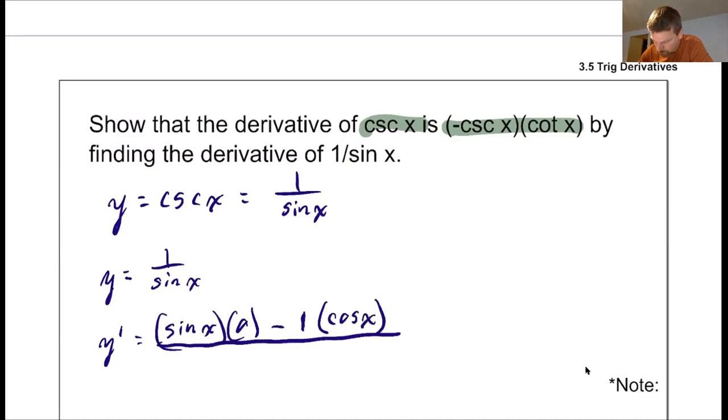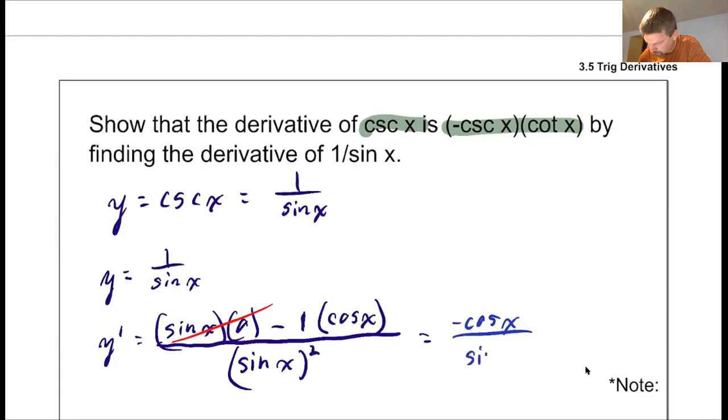All over low squared, so all over sine of x squared. This was 0, so that's gone. So I end up with a negative cosine of x all over sine of x squared, which I can write as sine squared of x.